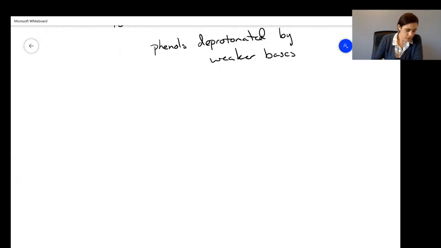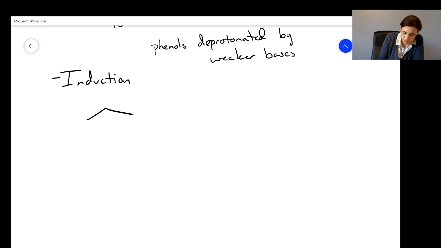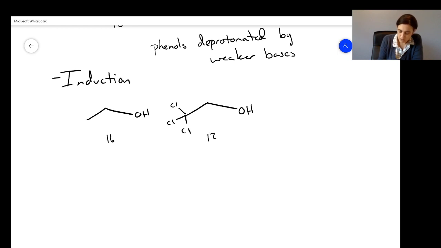The next one that we're going to talk about is induction. So we've already covered this, so we'll briefly just talk about how this can affect alcohols. Right? So here the pKa is 16, here this is 12. Why?